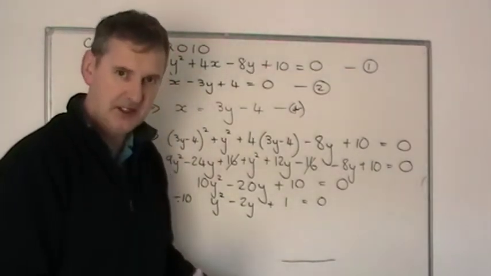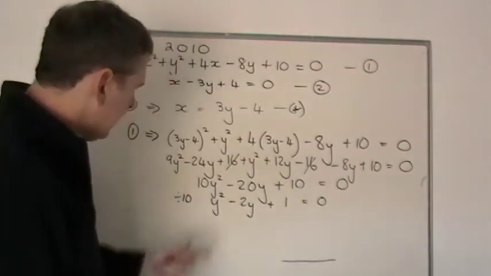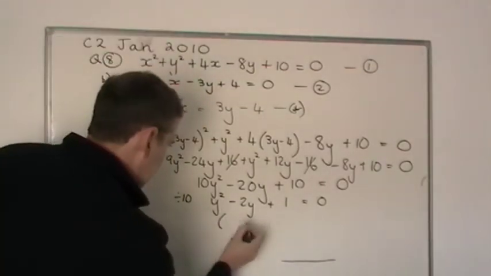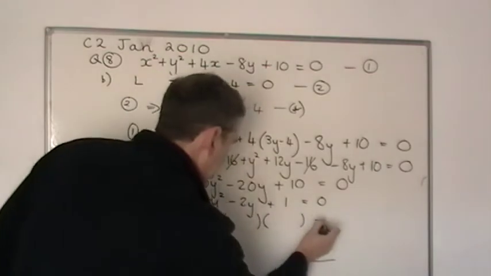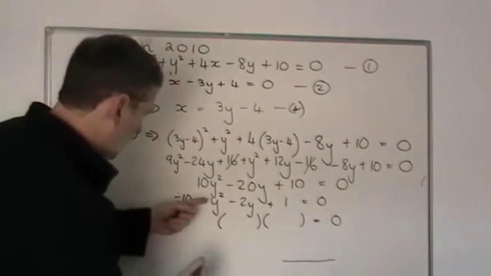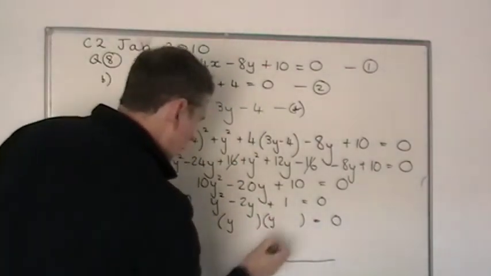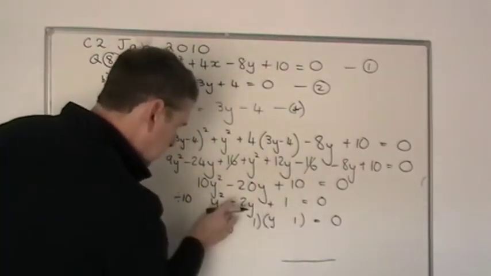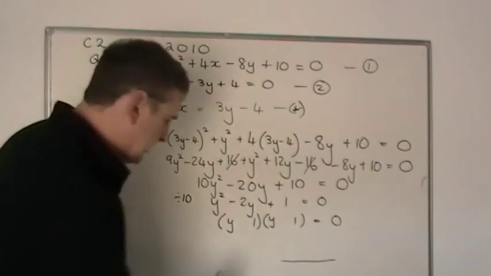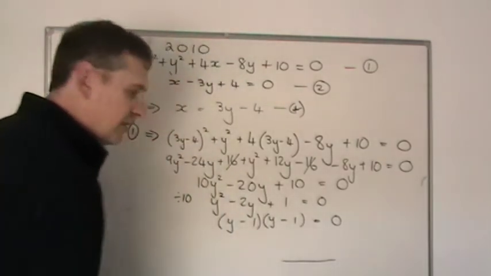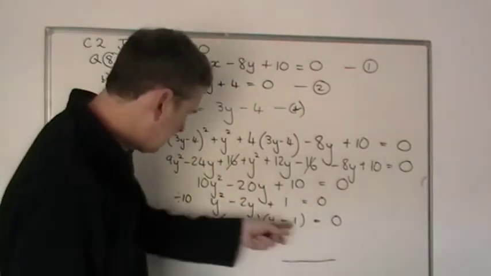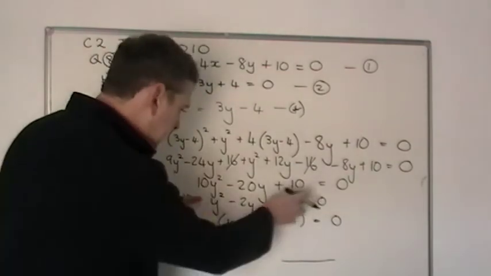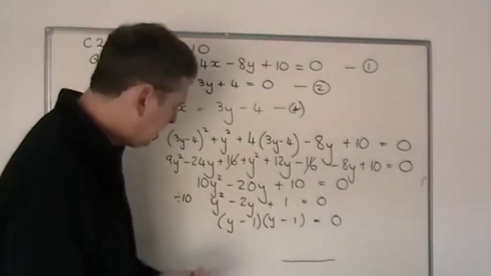They're going to factorise, as is the case here. You're going to get 2 brackets equals 0. Well, if it's y squared, it must be y and y. If it's a plus 1 on the end, I suggest it's going to be 1 and 1. Looking at the fact we've got a minus 2y in the middle, it must mean that we've got 2 minuses there. If you were to expand out that double bracket, you would get the line above. So that's the factorised format.